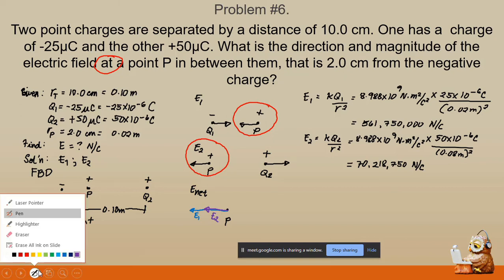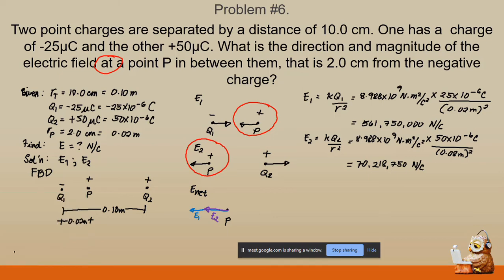With our diagram for E sub net, we can conclude that the algebraic equation to solve for E sub net is negative E sub 1 plus negative E sub 2. With that, let's have our substitution.